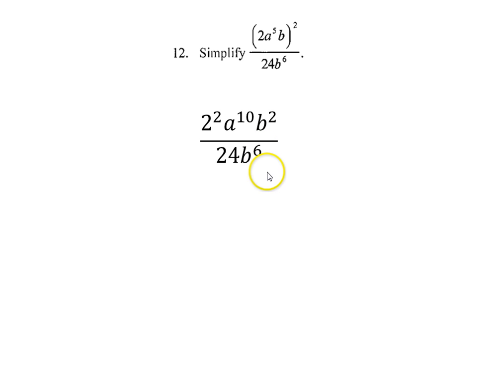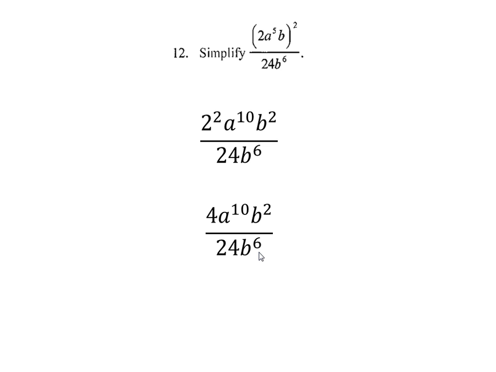So we have a little bit of simplification we can do here. We can do 2 squared. 2 squared is 4. And then we have a to the 10th b squared, and in the denominator we have 24b to the 6th. So to get from here down to here, all I did was square the 2. But there's a little bit more simplification we can do because we have the same bases in the numerator and the denominator. We have b squared in the numerator, b to the 6th in the denominator.